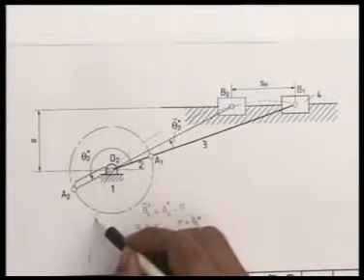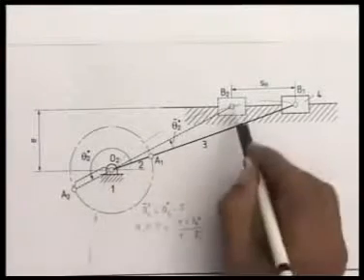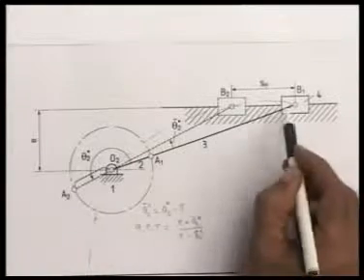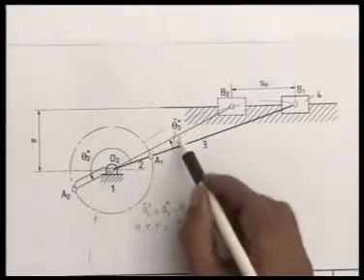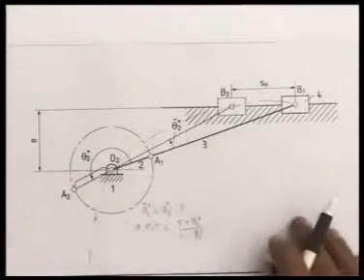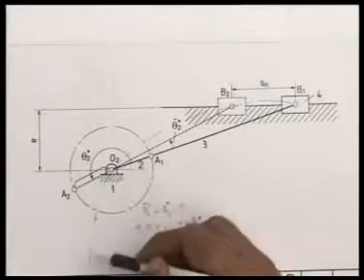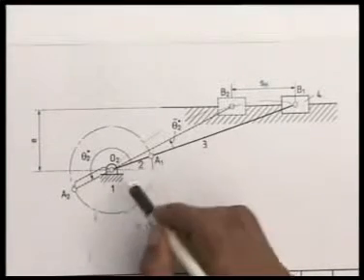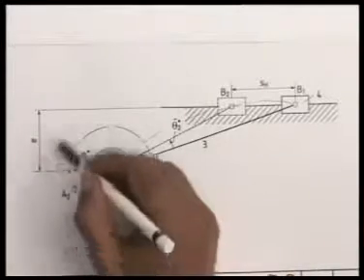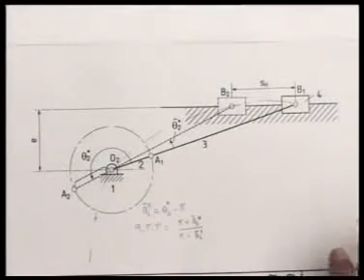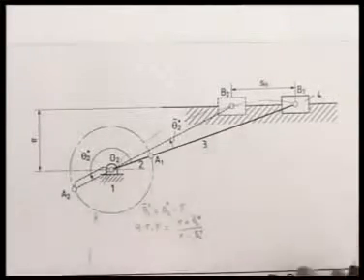Now, if O2 is here on this circle, because it is the same chord length B1, B2, the circumferential angle at O2 will remain same. Thus, we see O2 can be chosen anywhere, which will immediately change all the dimensions L2, L3 and E. So, there is no unique solution. In fact, there are infinite solutions.